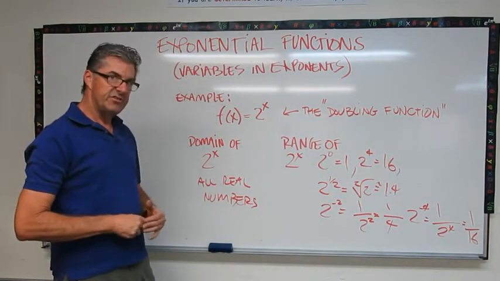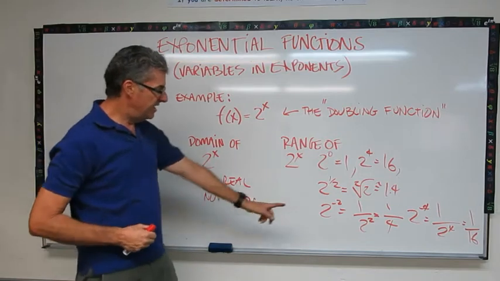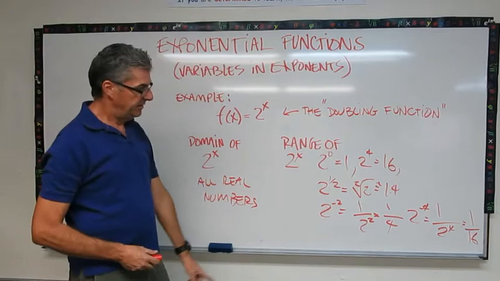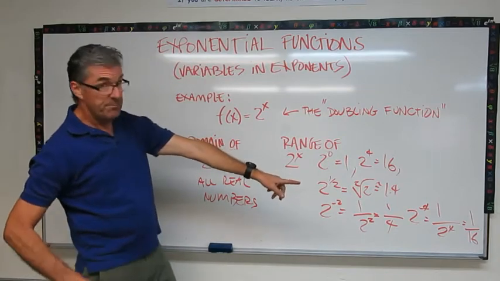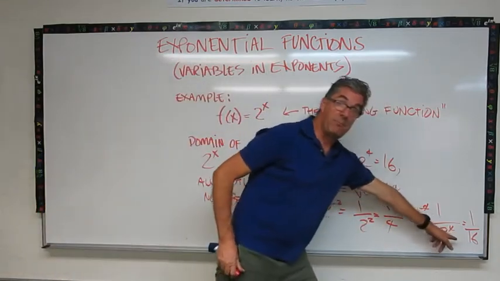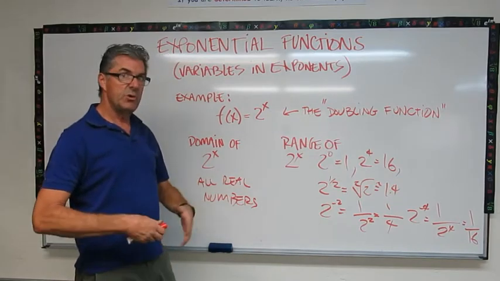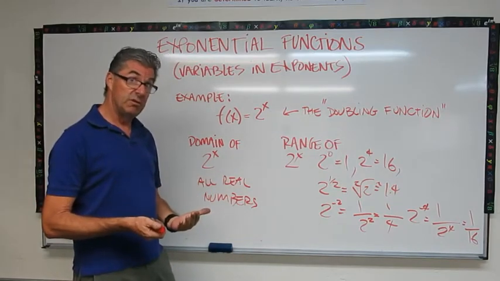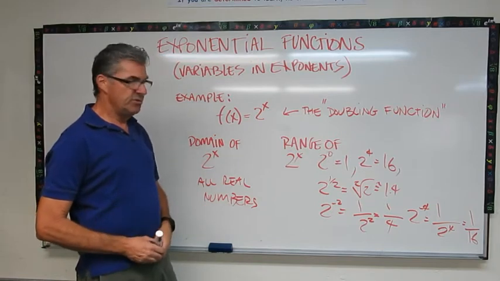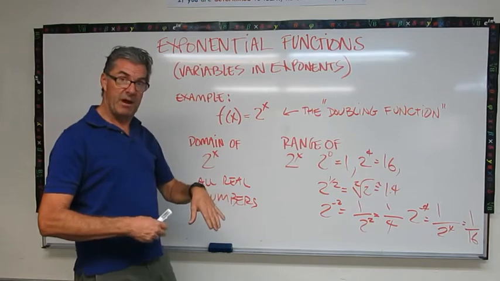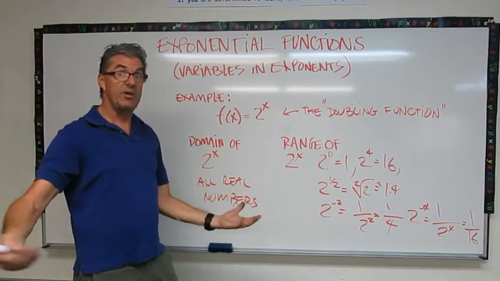Okay, so here's the tricky question. What happens as we keep getting more and more negative with our exponent? The bottom number of this fraction is going to get bigger and bigger and bigger. So that number is going to approach 0. Right? Think if we did 2 to the minus 1 million. That's 1 over 2 to the millionth power, which is a ginormous number. We've doubled 1,000,000 times.